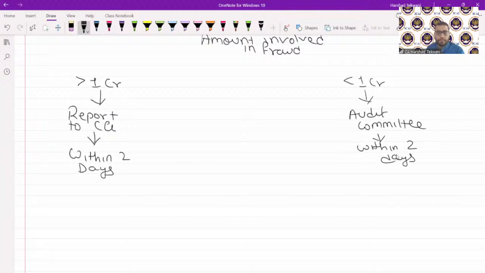Clear? So whatever the case may be, you need to report the fraud either to the central government or to the audit committee. And when I say audit committee, if the audit committee is not present in that company, then it will be replaced by the board.